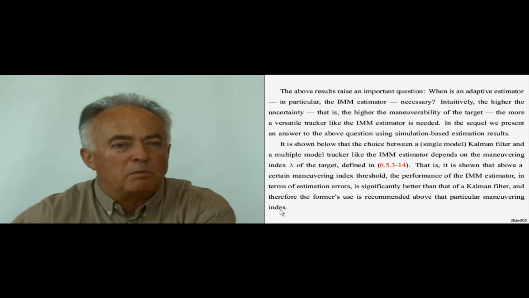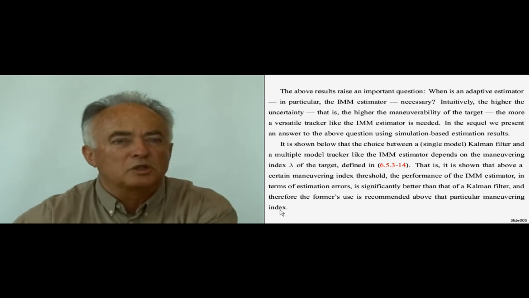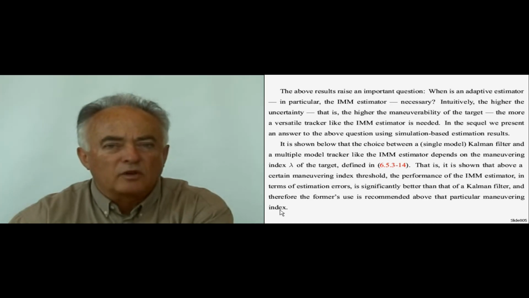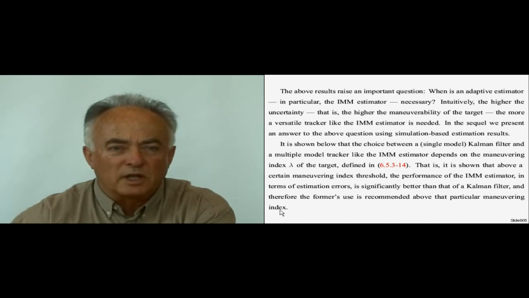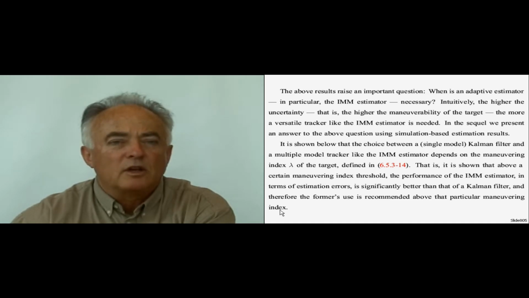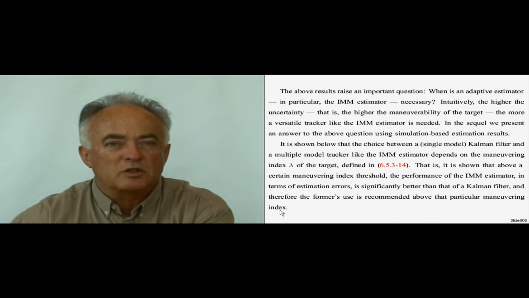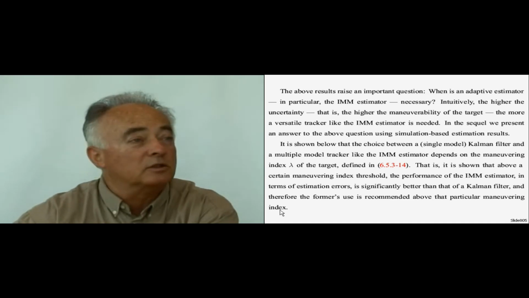If the target barely maneuvers, either nothing, lambda 0, or a small lambda, then an IMM is not necessary. If the target sometimes has lambda equal to 0 or nearly 0 versus a large lambda, then an IMM is appropriate. The question is, what is large? And this will be answered next.